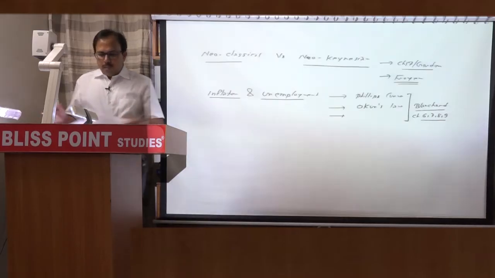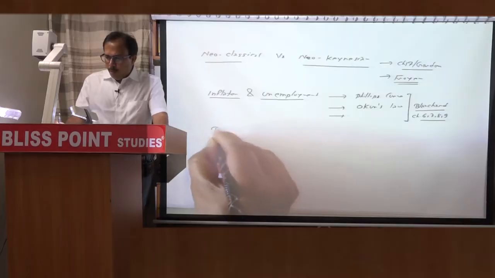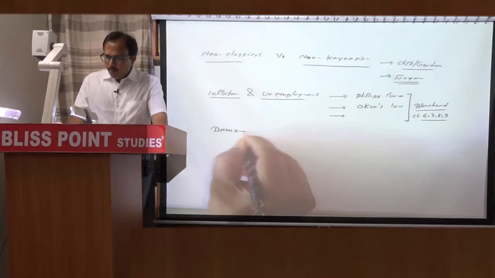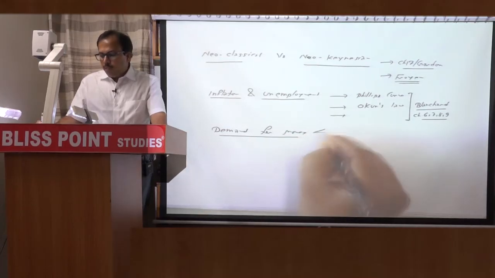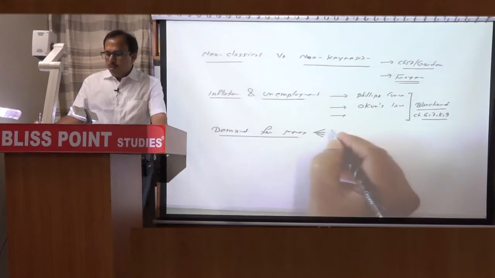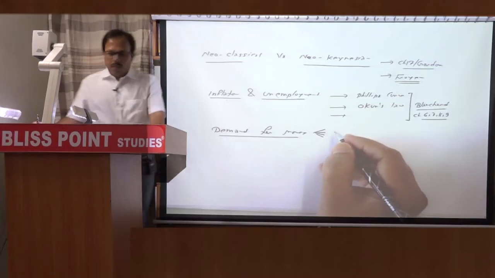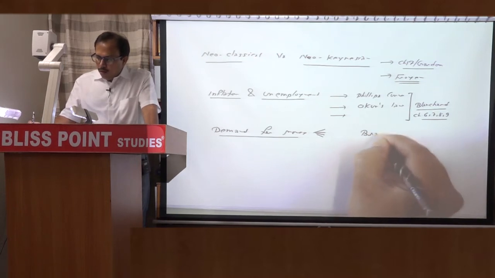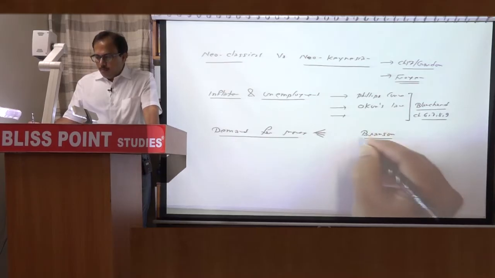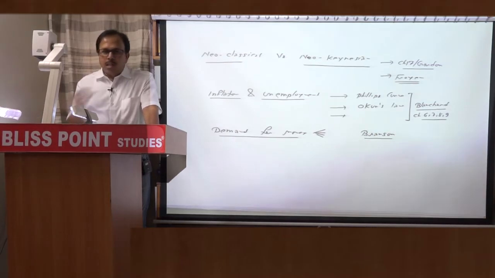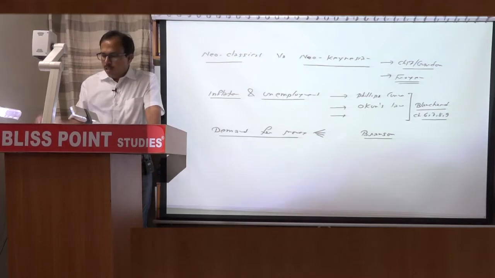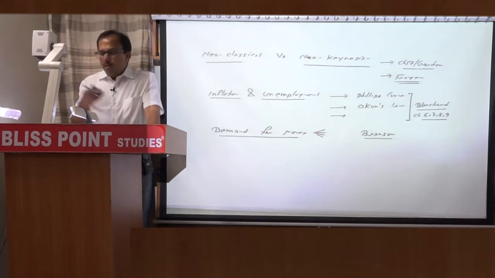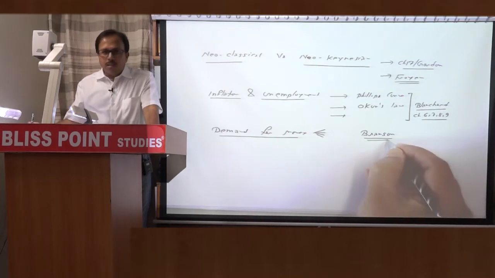So one part is demand for money. There are various models or theories within that. For that purpose, read only one chapter in Branson. This chapter has been scanned and uploaded on the site. It is not included in your spiral. But since that question came later, we have included and provided you the material, a scanned copy.